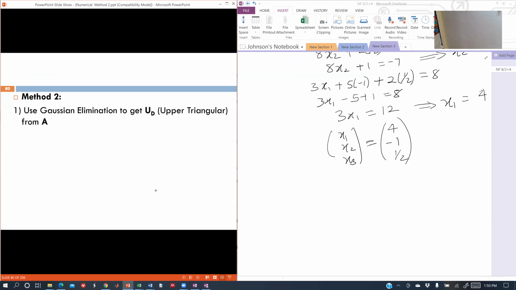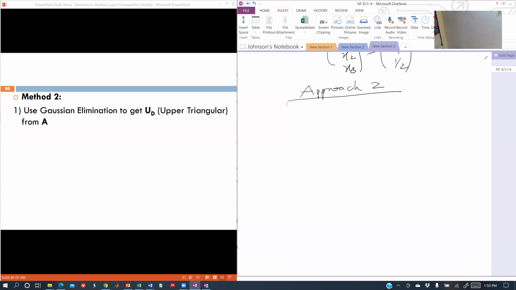And the next method is the same Doolittle, but I'm calling it approach number 2. Or as you can see on your left side, I call it method 2. Not necessarily a method, but approach 2.